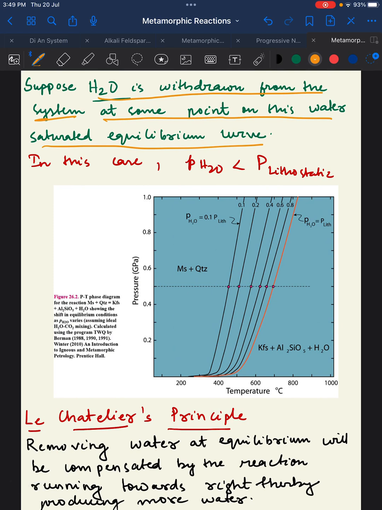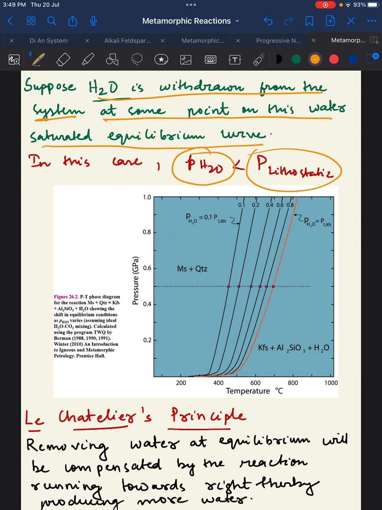So in such a case, if I remove the water from the system, it is obvious that the partial pressure of the water will also be reduced, but the lithostatic pressure is still the same. Since the water is removed from the system, the partial pressure of water will now be less than the lithostatic pressure.